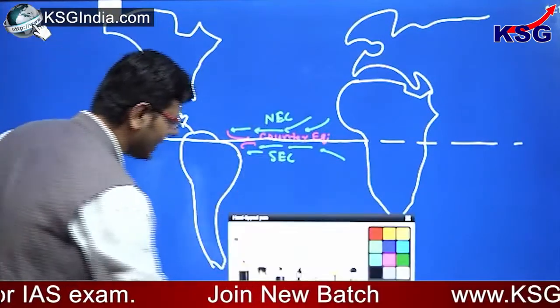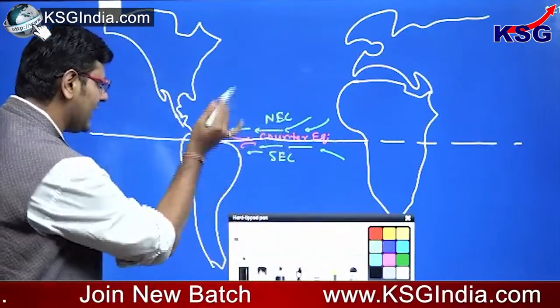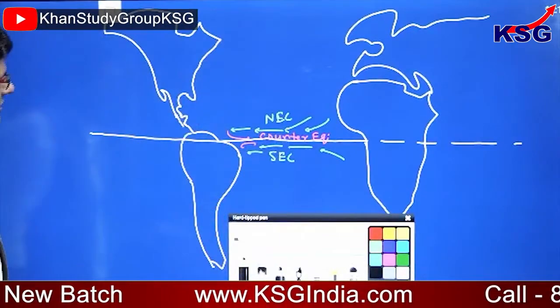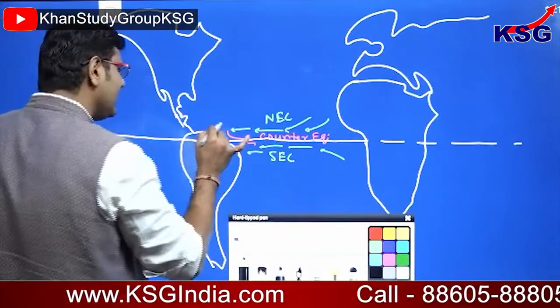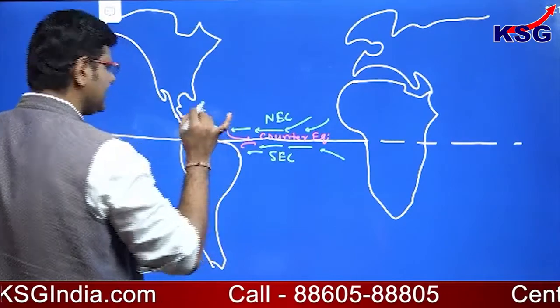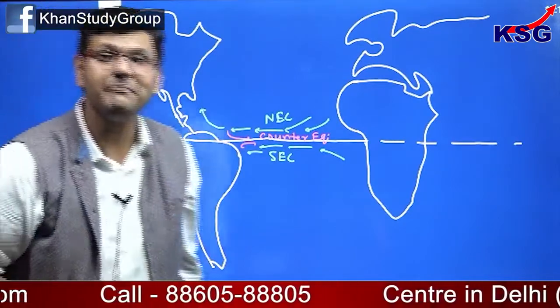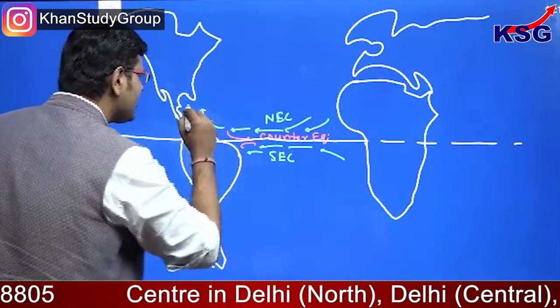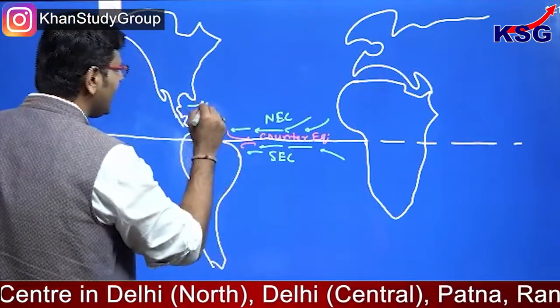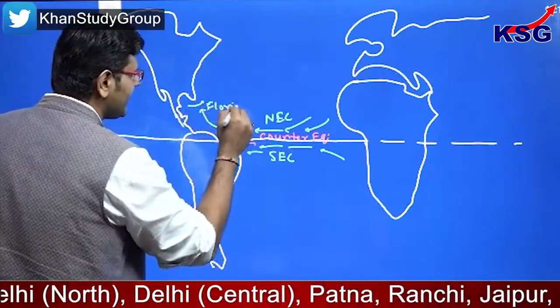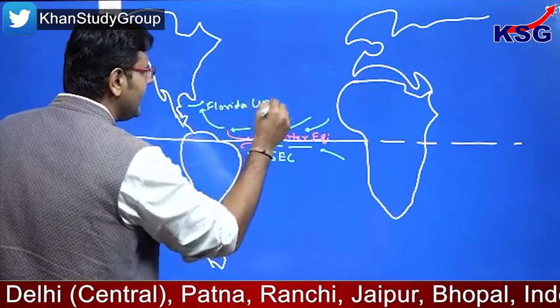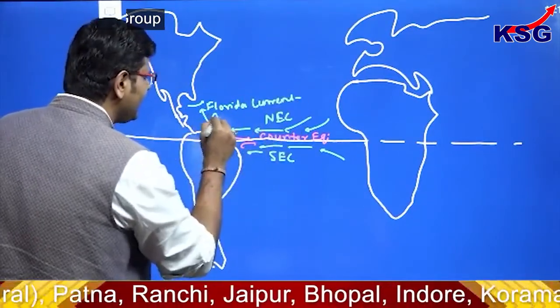Now, as you see, this north equatorial current, we are restricting for the time being to the northern hemisphere. Let's see what happens here. This enters the Gulf of Mexico, and there are many things that come out of it. For example, it is joined by the Florida current. It is also joined by the Antilles current.